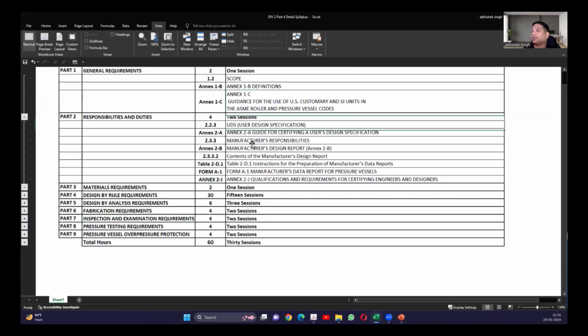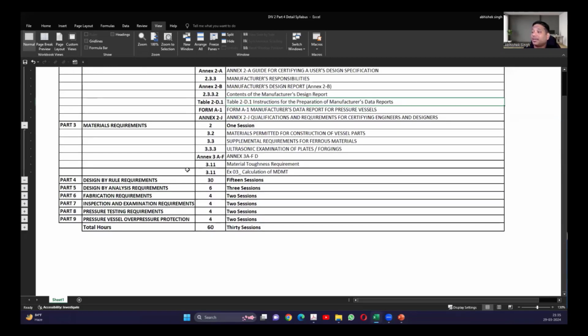Then the manufacturer's responsibility, and the design report: if you are preparing it as a manufacturer, what should be its content. That will also be covered. And then material requirements: like we saw, lots of restrictions and additional requirements are there, so we'll learn about them.